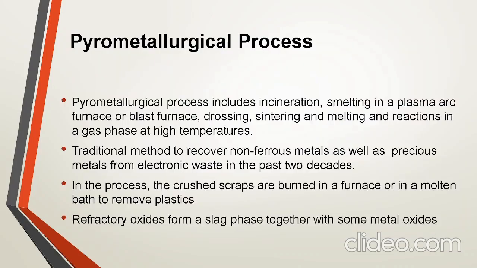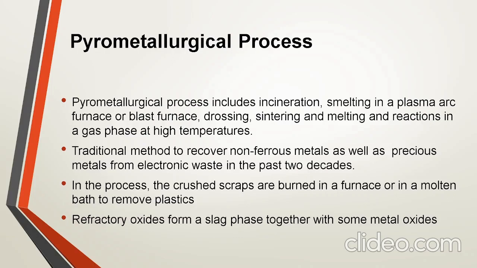The pyrometallurgical processes involve high temperatures to extract and recover metals. They involve incineration and smelting in a plasma arc furnace or a blast furnace. It is a traditional method to recover non-ferrous metals as well as precious metals from electronic waste.